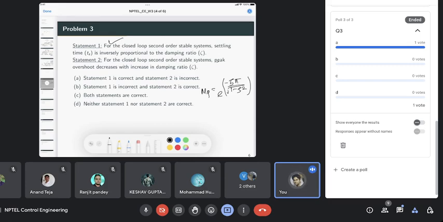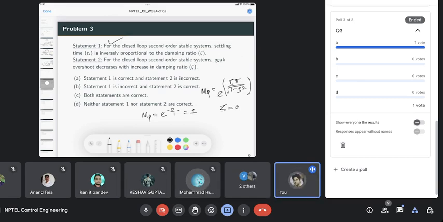For example, if you take zeta to be 0, then what is the overshoot? You plug in zeta equal to 0 there, and you have e to the power 0 by 1, so it is 1.